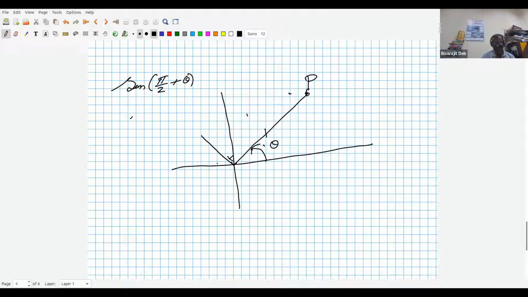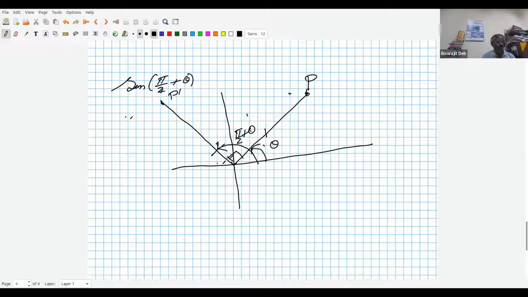So for that, let us take this point to be P dash. So this angle is going to be pi by 2 plus theta, because theta rotation I have already taken, and then this is 90 degrees. So pi by 2 plus theta we got. Now we are at the P dash position, right?